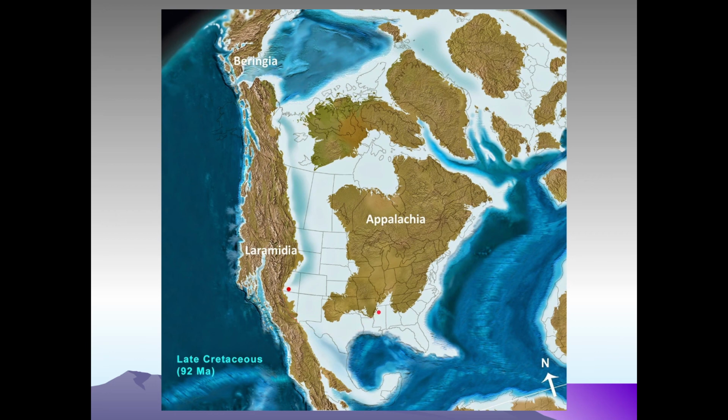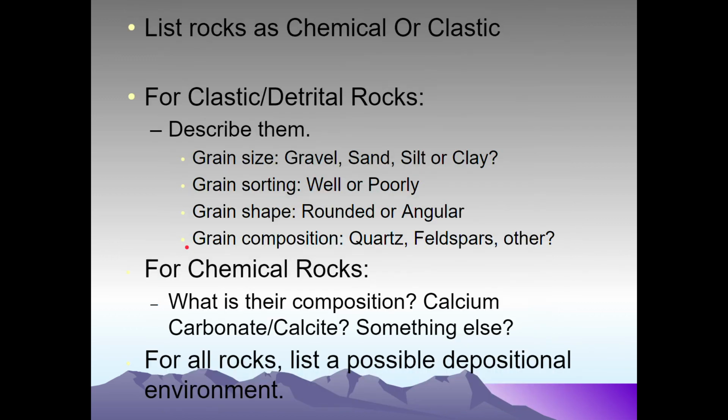Versus over here, where the sediments you get, maybe just quartz sand and some shales, and kind of what we're seeing today. Or maybe not at all. Maybe this is all just calcium carbonate. Maybe this is all just chemical stuff and limestones. So I just kind of wanted to show you this and get your brain thinking about stuff we'll talk about later on. And this is for the lab.